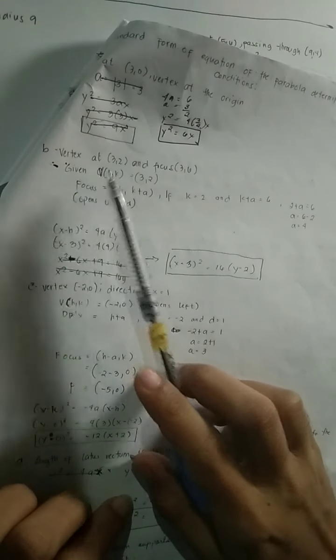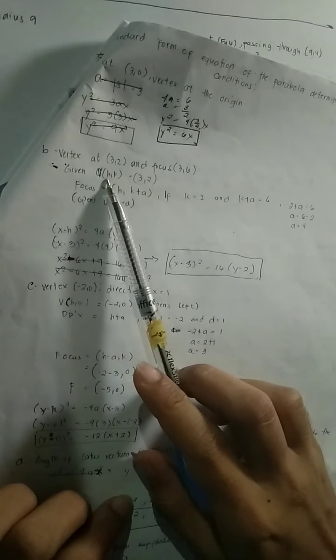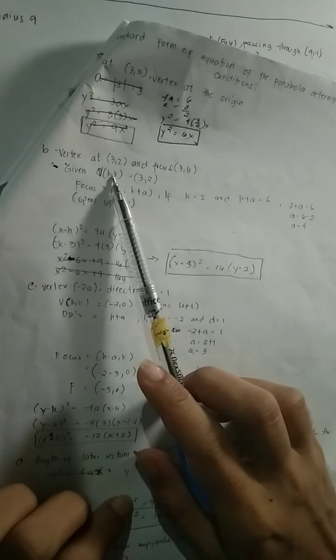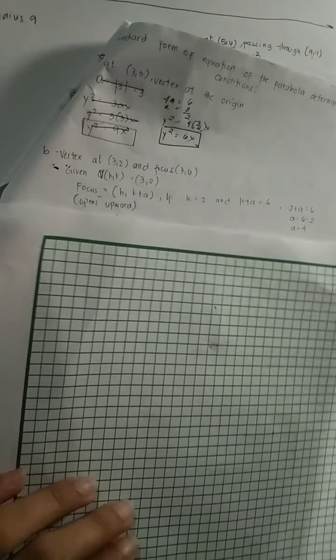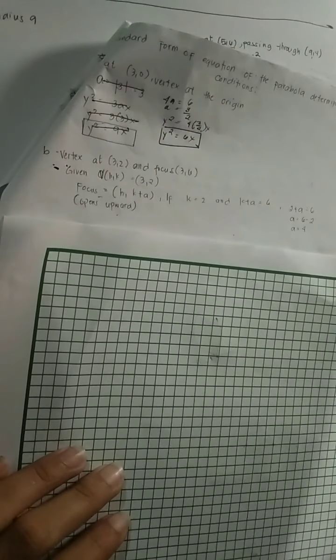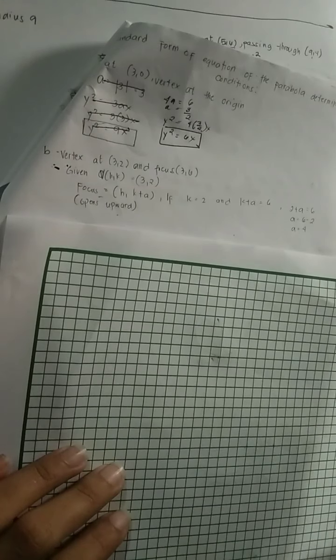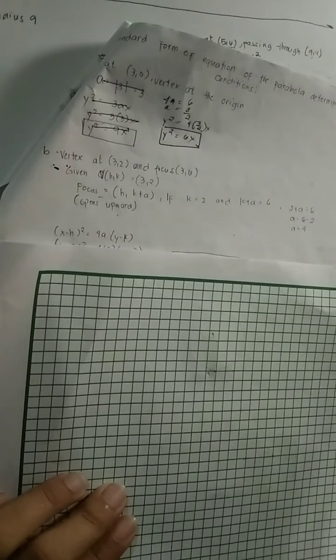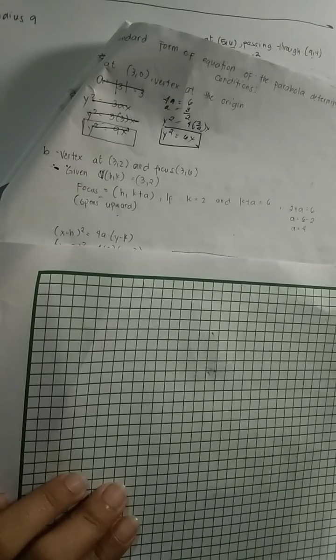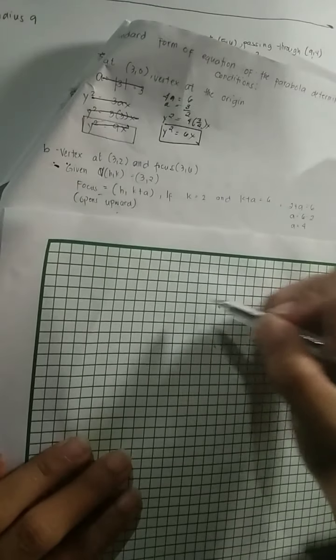So I've written the vertex (h, k), which is (3, 2), and I have to know where the curve opens, so I'll be able to know what equation or form I'll be using. So I'll plot it out.